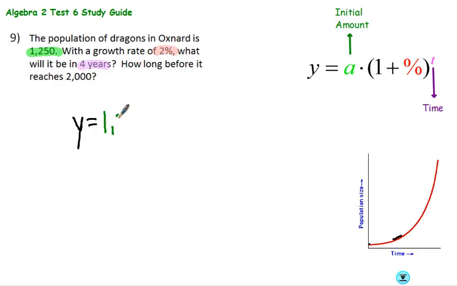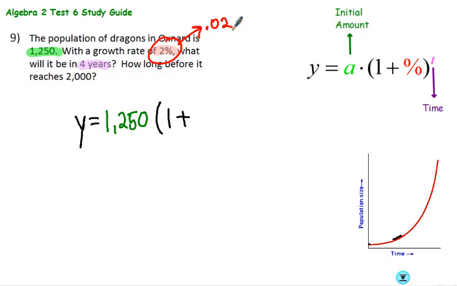Well, if you take a look at this particular one, and we've already kind of identified it, 1,250 times 1 plus, and it says 2%. By the way, if you take 2% and you want to convert that into a decimal, it's 0.02. I think of money, right?